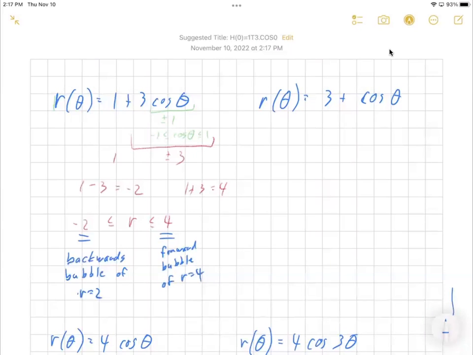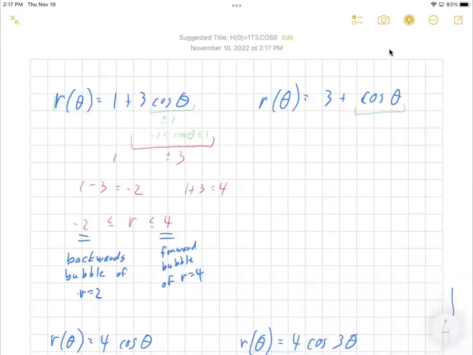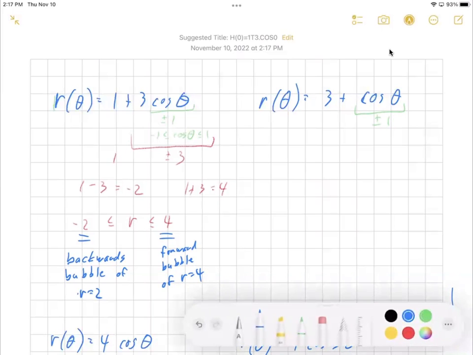Okay, now let's see, the equation that's most like it and the one that's easiest to maybe mistake for it is the one that we have over here. This is oscillating between plus and minus 1. Okay, and so we're going to have r values.